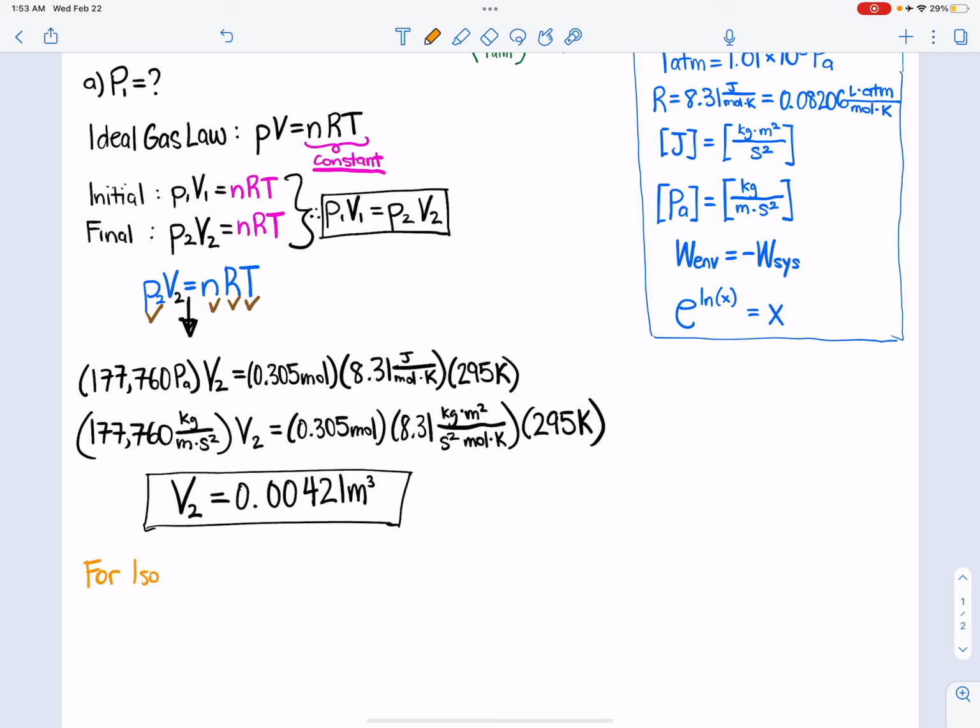For an isothermal process, work done by the system is equal to nRT, which are constants, times the natural log of V2 over V1, right?